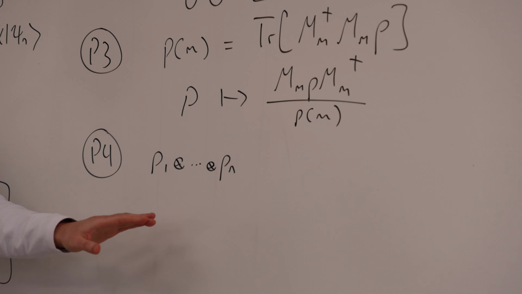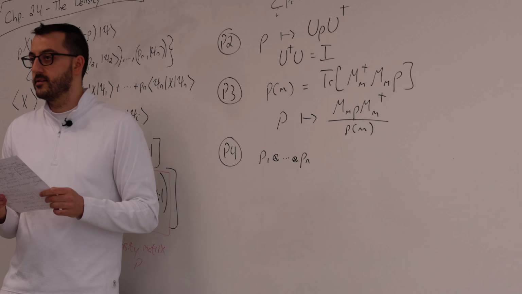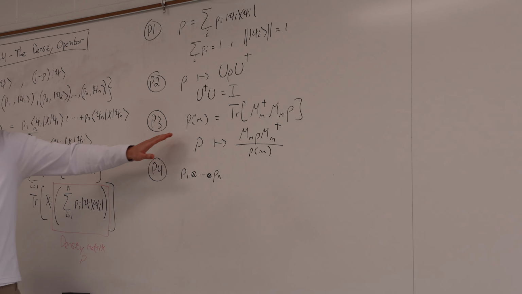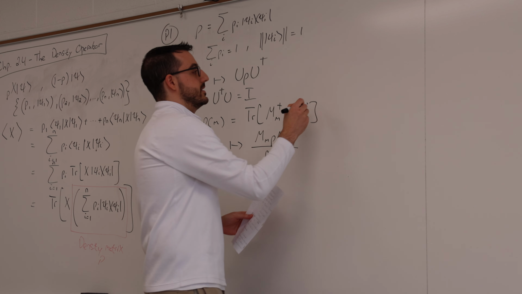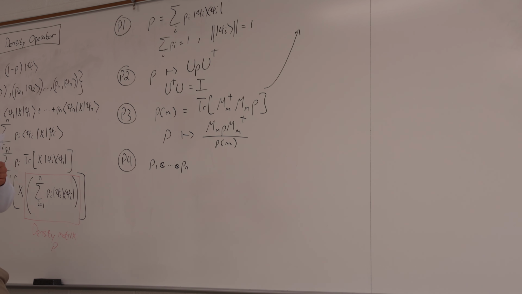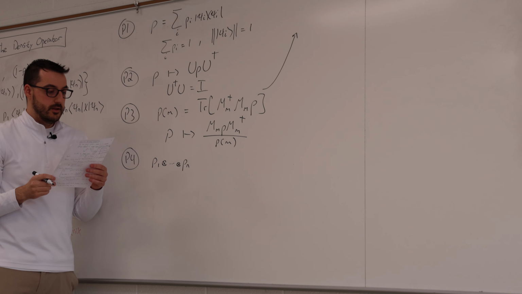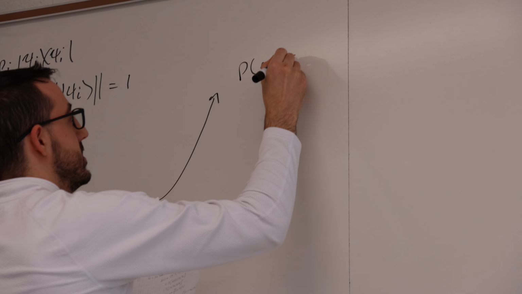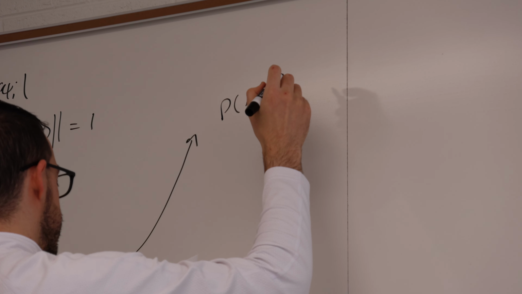Any questions about the postulates in terms of density matrices? Let me justify quickly one of them for you. So let's see why this is true. I sort of said it out loud for the unitary evolution, the second postulate. But for measurements, imagine for a single wave function, we know the rule starting from the third postulate as before.